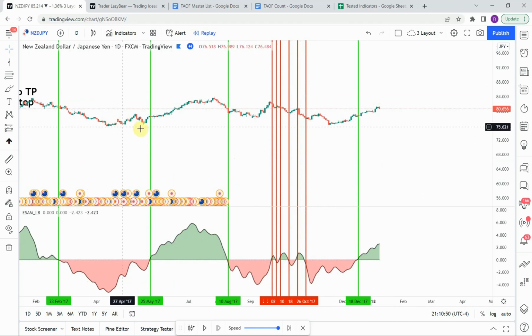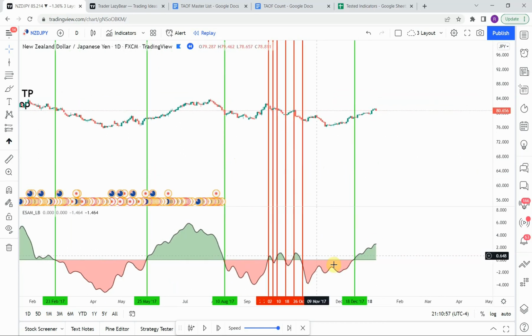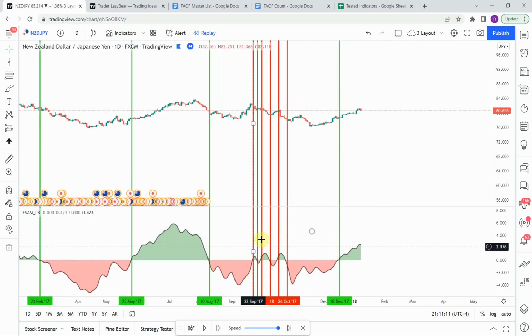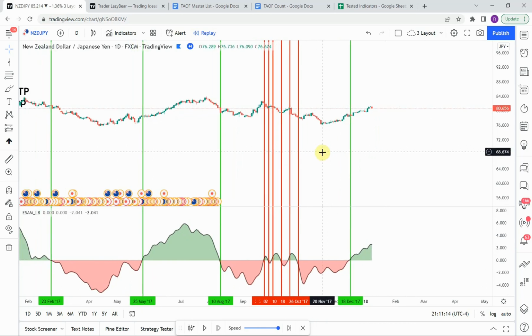Even though we kind of had something similar right here, for some reason it didn't happen here, and it did happen right here. But this seems to be kind of the typical thing that we see with zero line cross indicators, where there is no buffer in between the long and the short area. It's just a single line that something is pivoting around. We get clusters of losing trades like this.